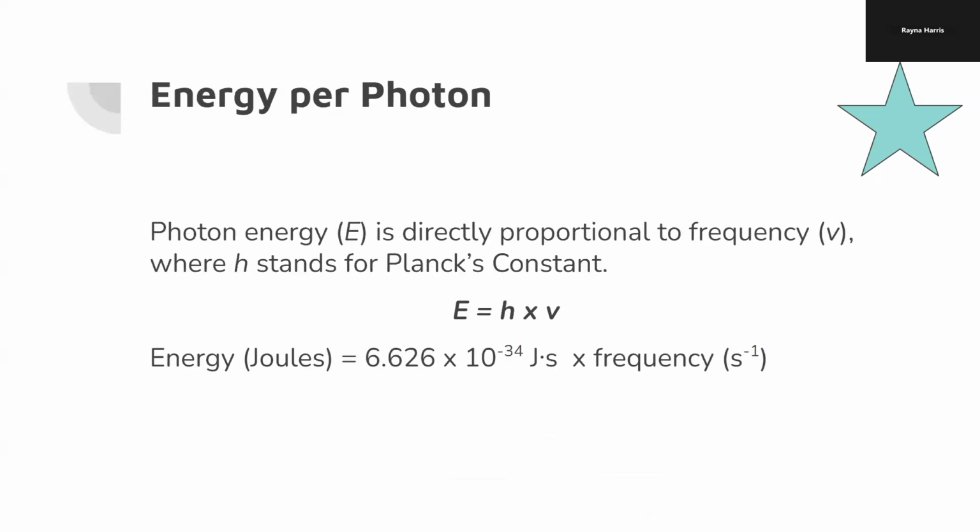Okay. So there's one more equation that we're going to use, and we're going to use both of these and combine them. You need both to solve most of the questions for this experiment, and they have one thing in common. This one describes the energy per photon. So photon energy, E, always stands for energy, and we give energy in joules.